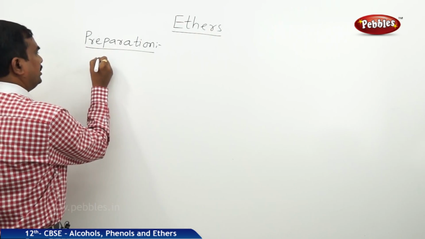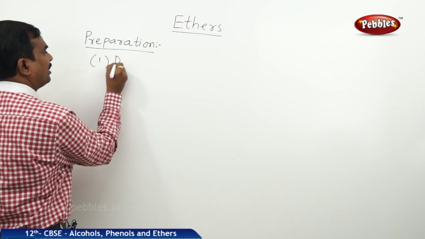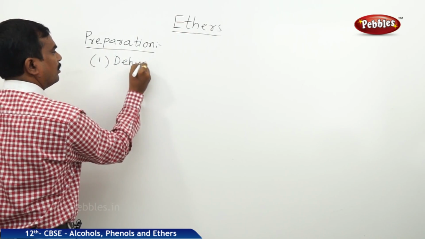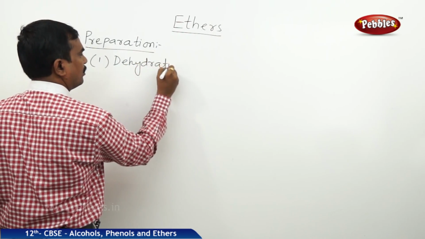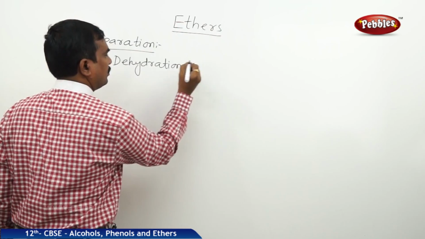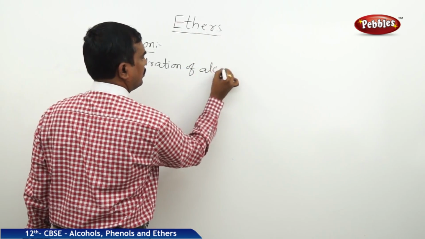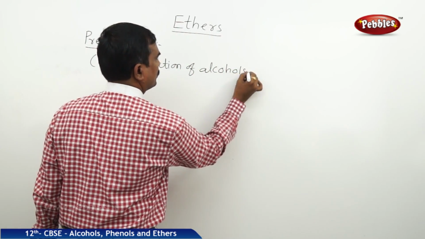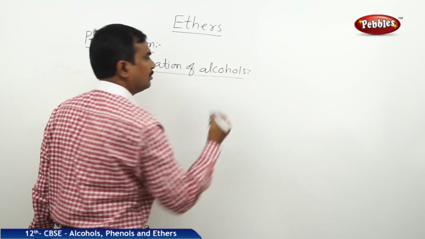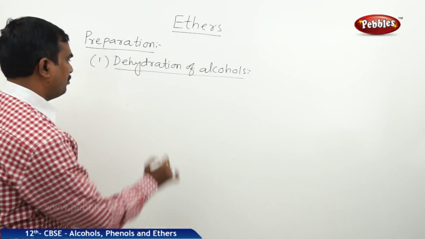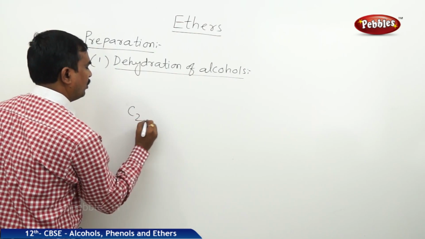The first method is dehydration of alcohols. If you take for example ethyl alcohol.